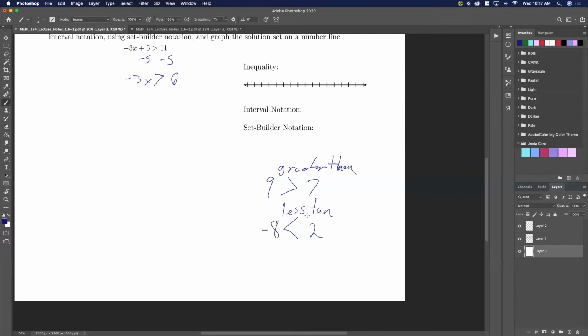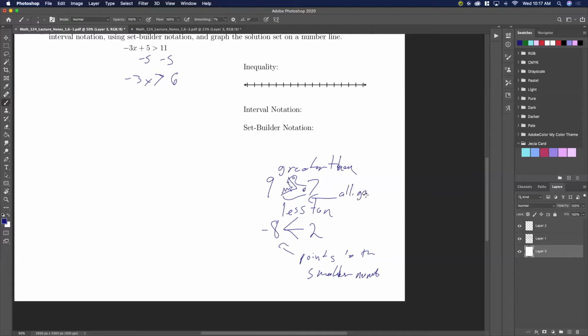So there's two ways of thinking about this. One, the arrow points to the smaller number. Or the other one is the alligator eats the bigger number.